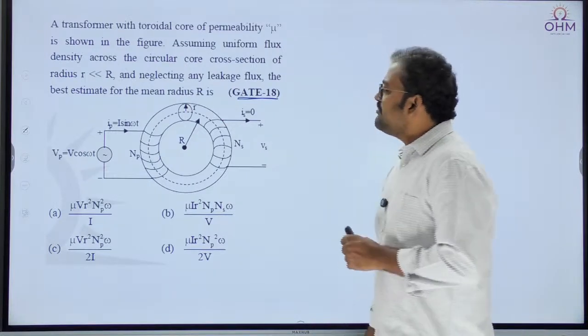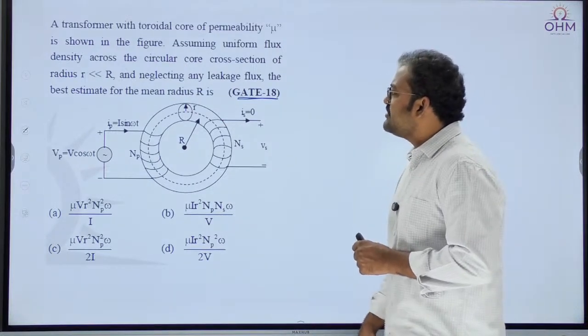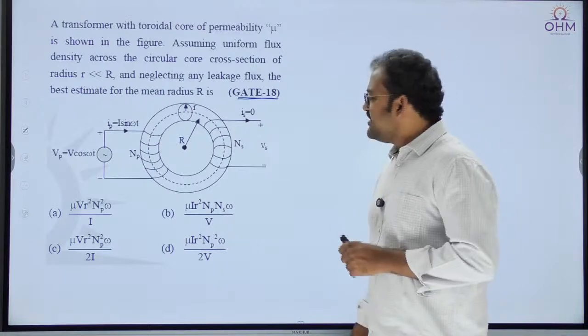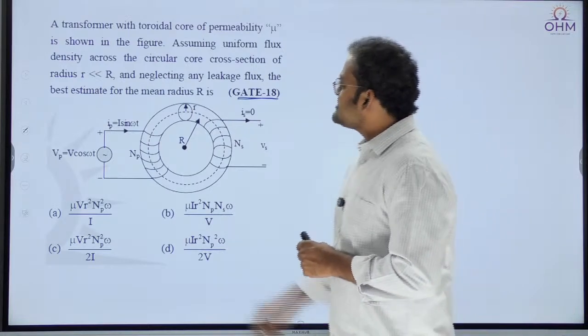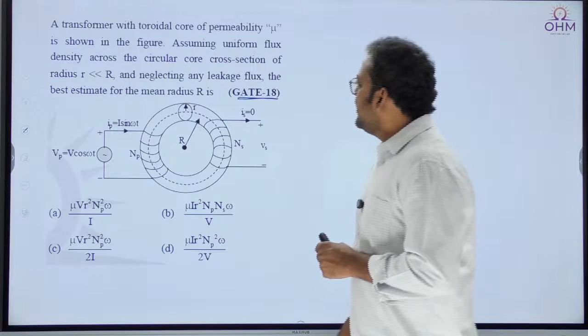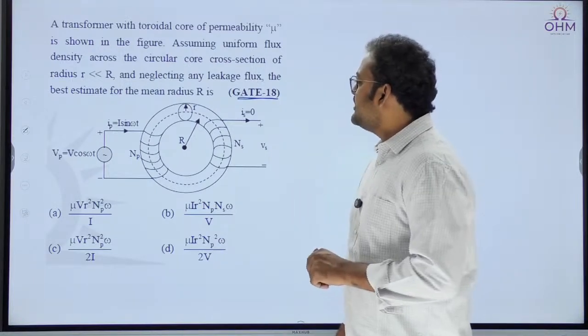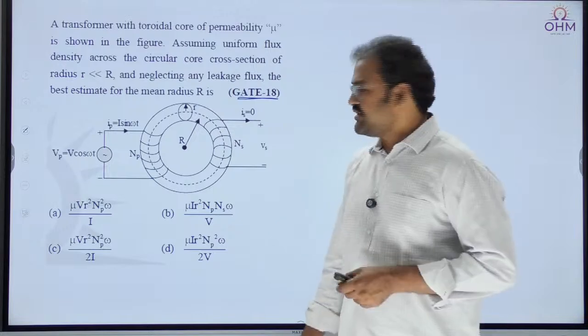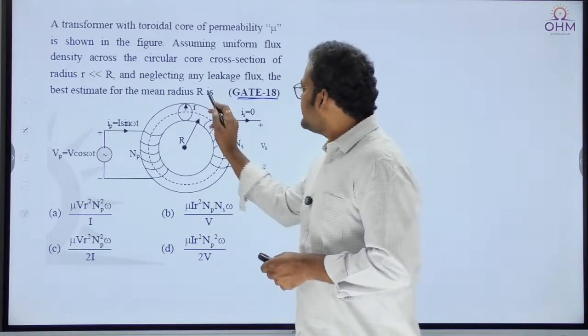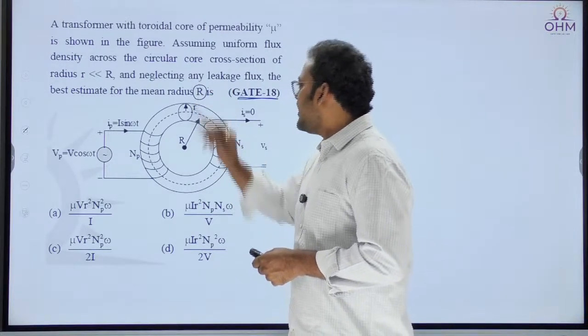Assuming uniform flux density across the circular core cross section of radius small r, which is less than the capital R, and neglecting any leakage flux, what is the best estimate for the mean radius capital R? So we have to find the answer for this capital R value.